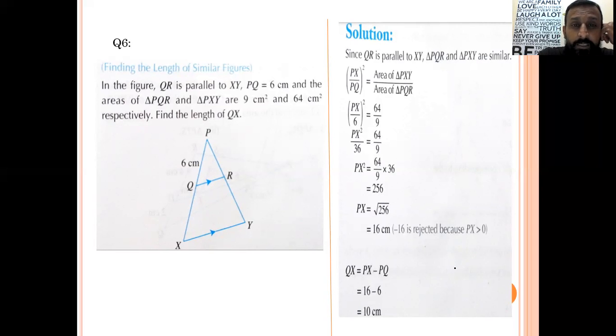Find the length QX. This is this length in this figure. QX is this length which they are asking us.